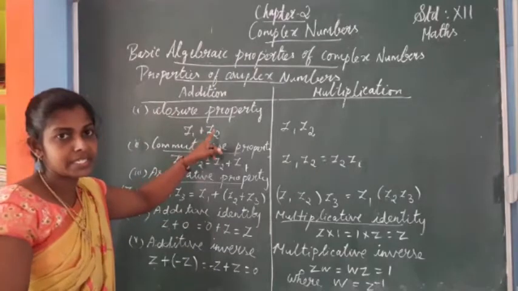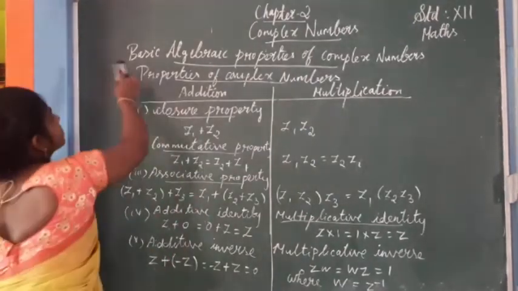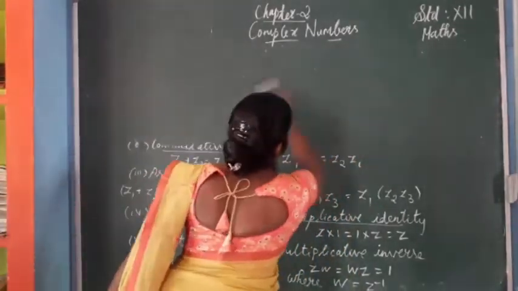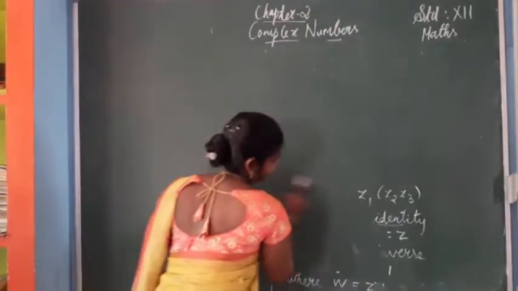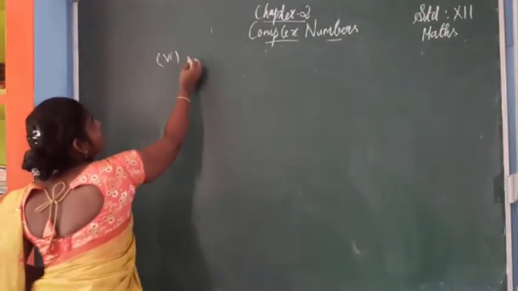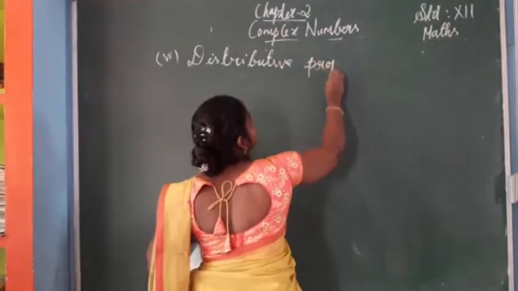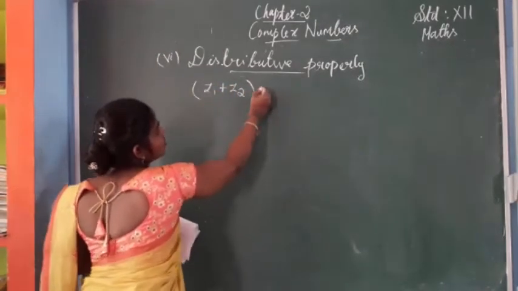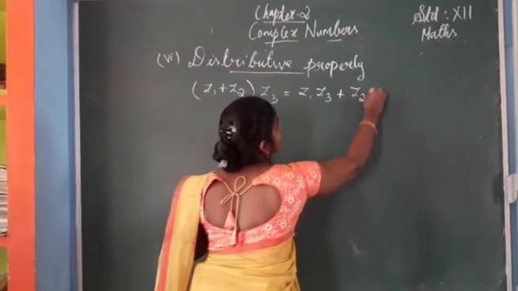One more property is there, the distributive property. z1 plus z2 into z3 is equal to z1 into z3 plus z2 into z3.